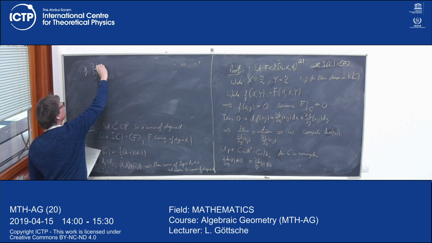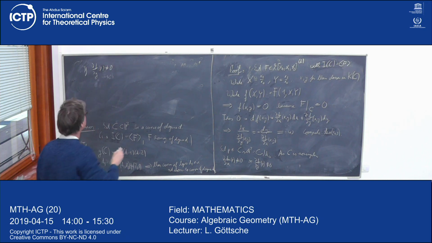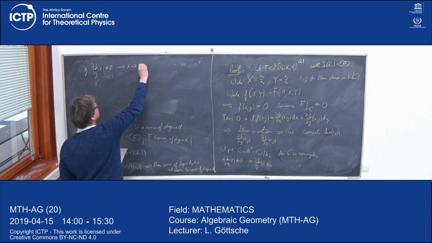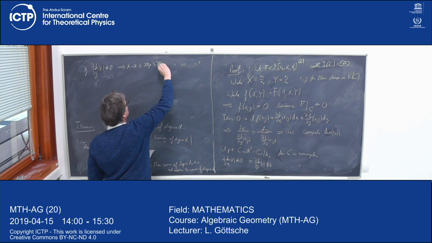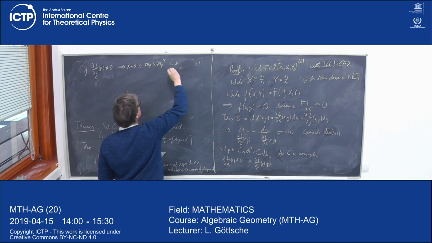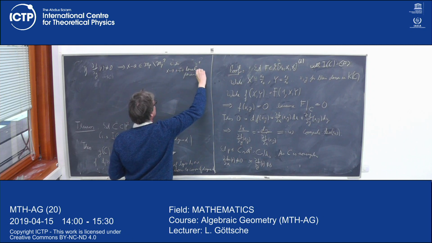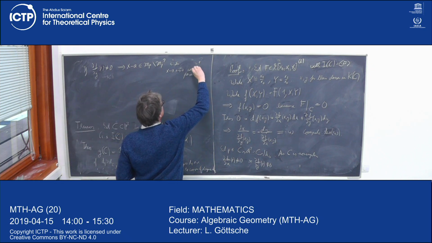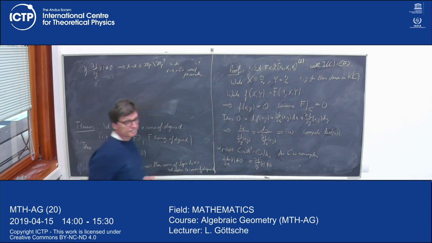at p is non-zero, then I claim that x minus a is an element in mp minus mp squared. X minus a is a local parameter, a uniformizing parameter, at P, where obviously P is equal to (a, b).